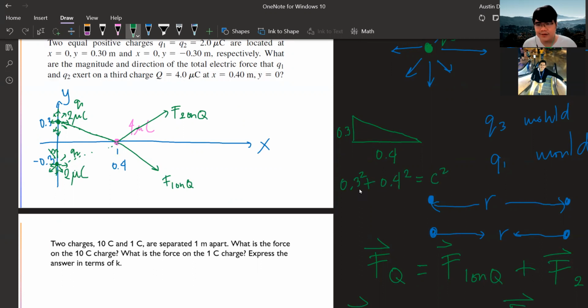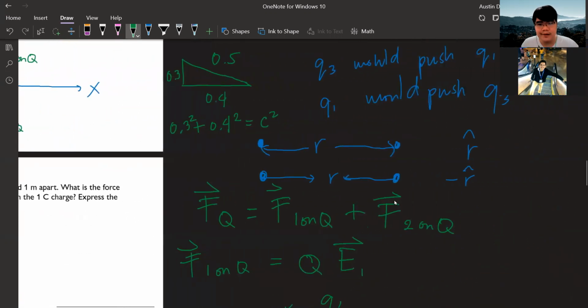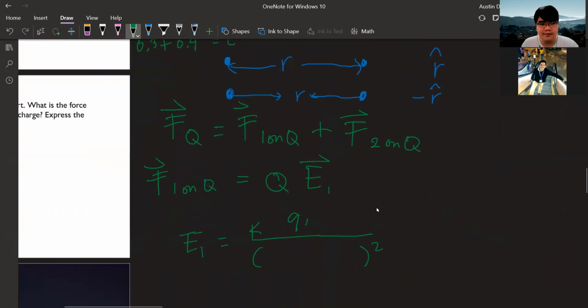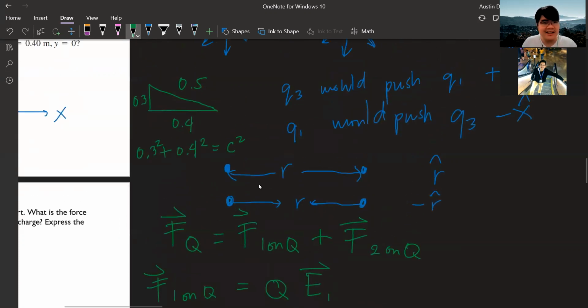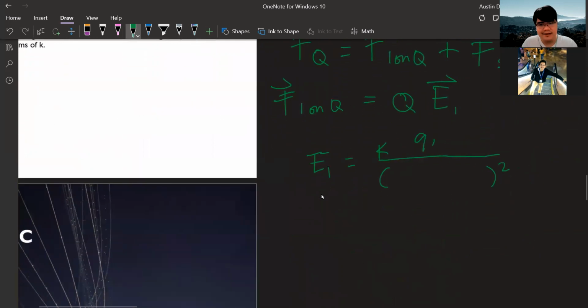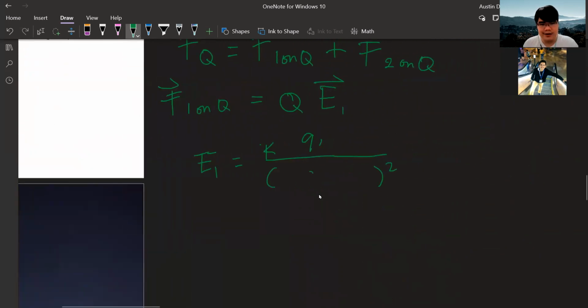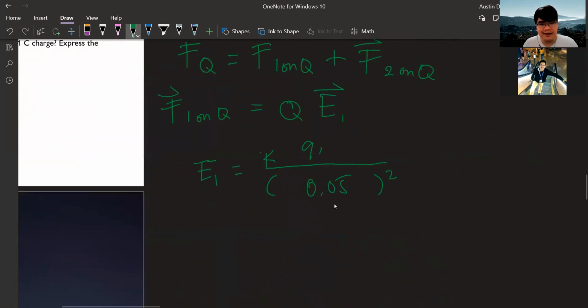So, it's actually c squared. What is c? You'd find that c is actually 0.5. Okay? Buo pa yan. Sige, try nyo sa calculator nyo na para sure. Okay? So, this is 0.05. Ay, 0.5 pala. Sorry.